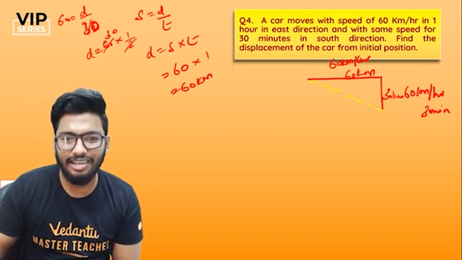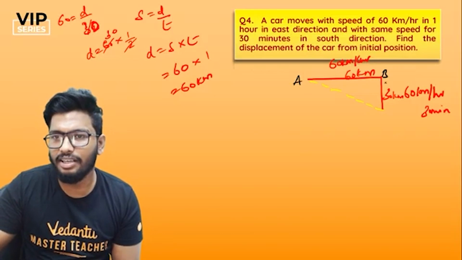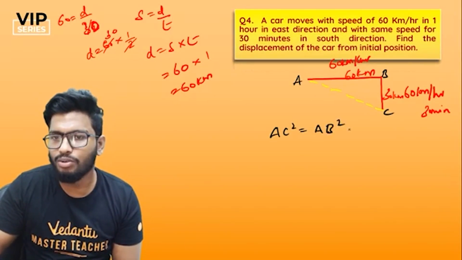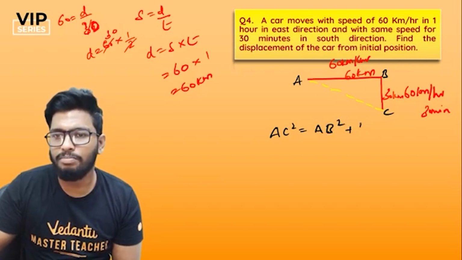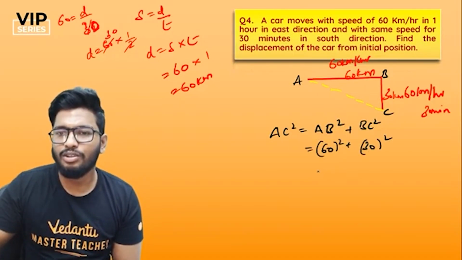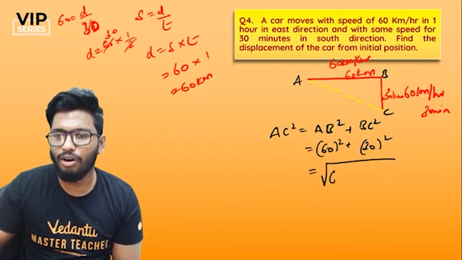Let me just try and solve this for you guys. I'll take this as A, I'll take this as B, and I'll take this as C. So AC square is equal to AB square plus BC square. AB square is 60 square, BC square is 30 square. So AC is the square root of 60 square plus 30 square.